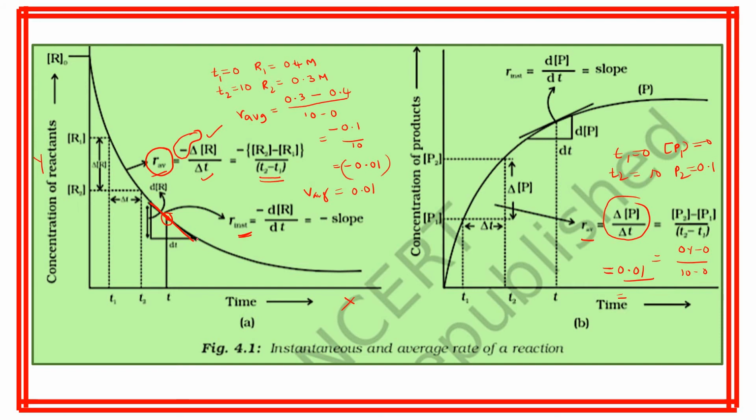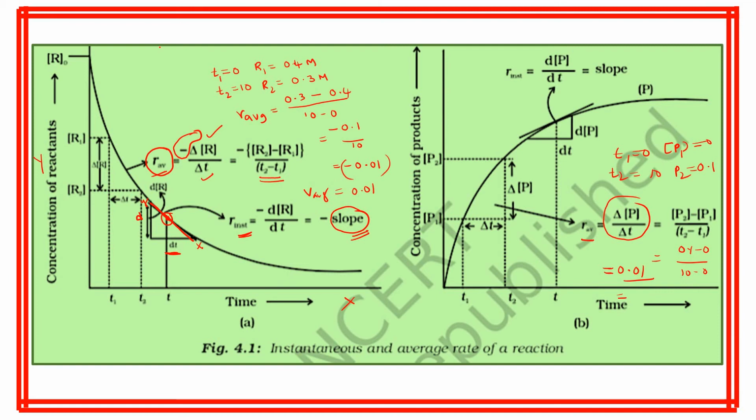How to calculate the slope? By taking the x-axis and the y-axis. How much change is observed in that time? How much change is observed in the concentration? The slope is the instantaneous rate. If we calculate the slope, we are going to get the instantaneous rate.